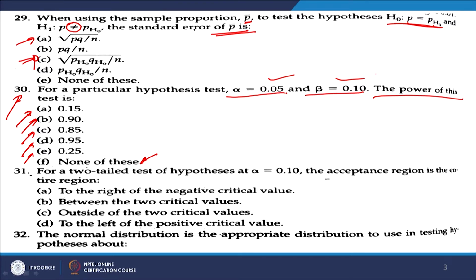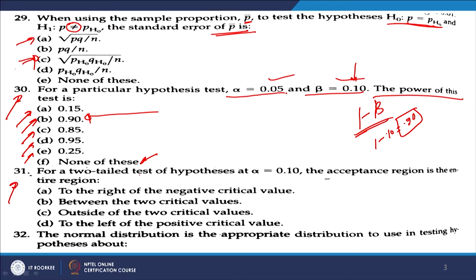Power of a test is the probability of rejecting a null hypothesis when it is false. This is represented as 1 minus beta. Beta is 0.10, so 1 minus 0.10 is 0.90, the power of the test. So the correct answer is B. Let us look at the next question.